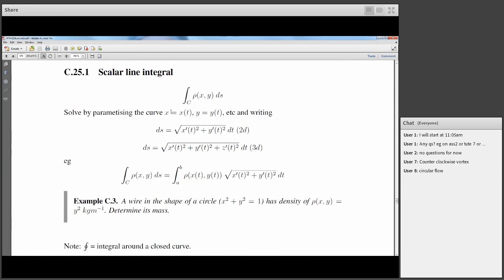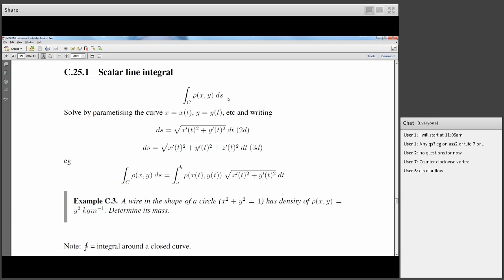So what they look like is an integral along a curve in space of some sort of function of many variables, and you write ds, and the little s here corresponds to a small amount of length of curve. So you did length of curves in, say, Maths 101. The same idea, really. It really is just an extension of working out the length of the curve.